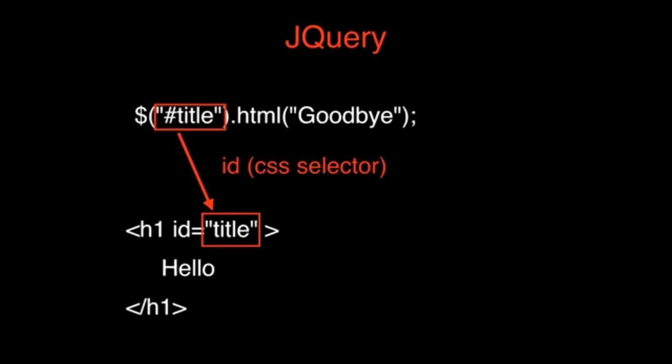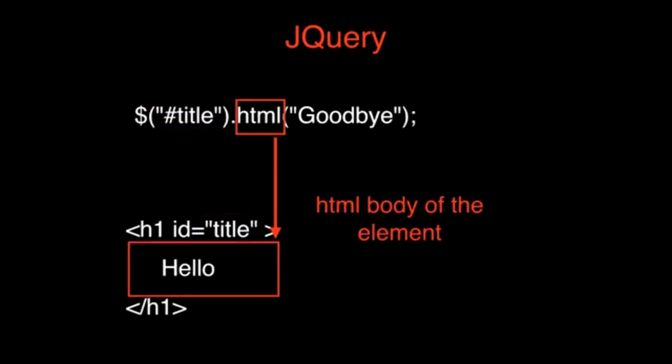So we're selecting an element by an ID, and we can see that we've given our H1 the ID title. Now, jQuery supports any kind of CSS selector, so you could select it by a particular tag type like H1 or a particular class. But if you want one specific element accessed, then you would normally use an ID.